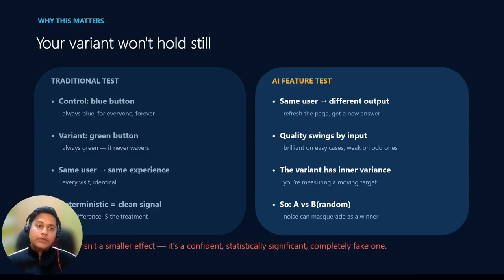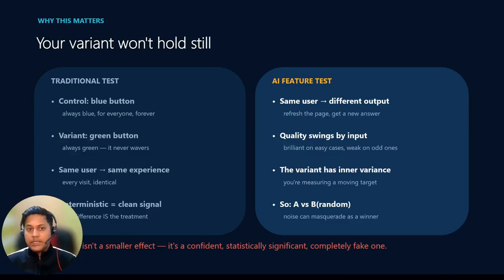Here is why this matters more than it sounds. The red line at the bottom: the problem is not that your measured effect gets a bit smaller or fuzzier. If it were just noise, you would get a non-significant result, and you'd know to keep digging. The actual danger is that this variance can produce a result that looks clean and significant and is entirely fake.